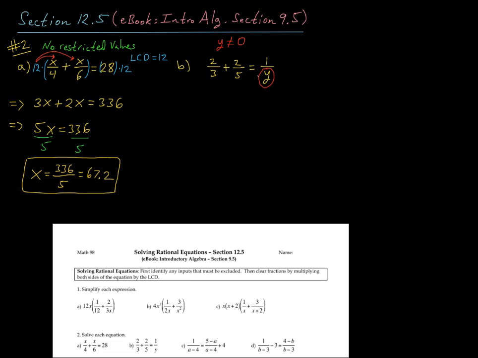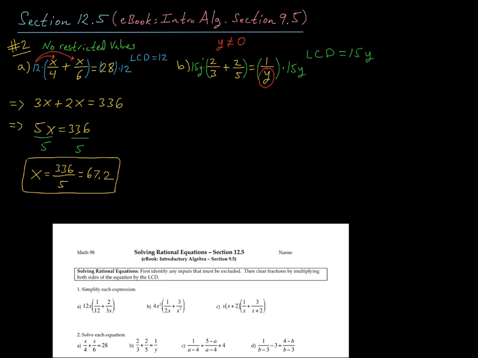What is our LCD here? Well, our denominators are 3, 5, and y. So for the LCD, I'm going to need a 15 from the 3 and the 5, and then also a factor of y. So I'll go ahead and multiply this entire left side by 15y, and then this entire right side by 15y.